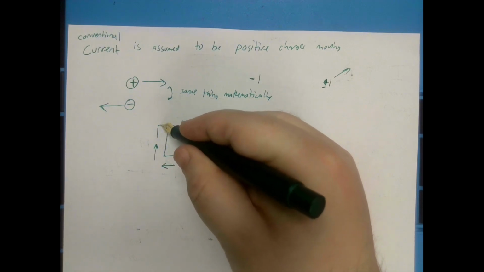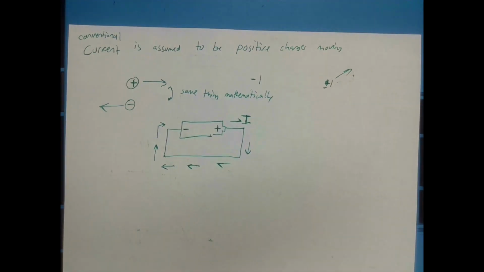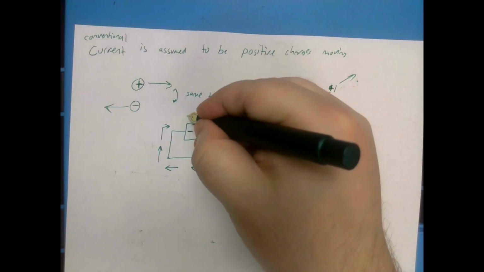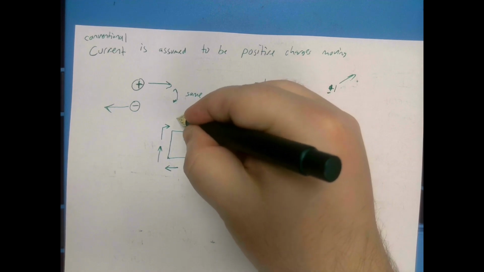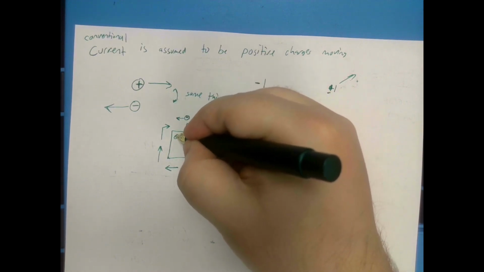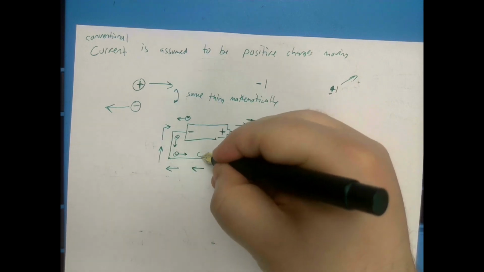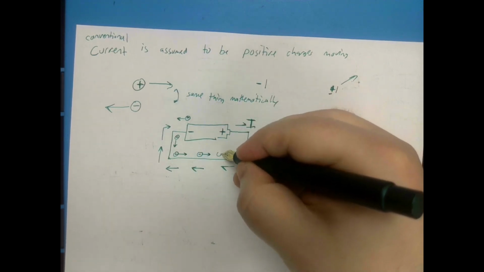This is what we're going to define as current. In actuality, current is negative electrons that come out of the negative terminal and flow in the opposite direction.